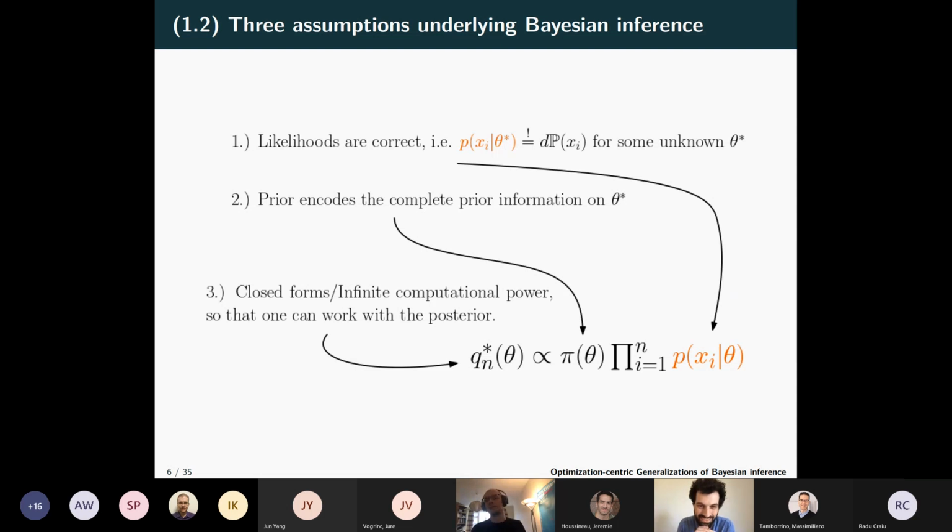Obviously, there are also people who would argue. I've simplified things here. Here I said there must exist a true theta star so that we recover the data generating process, which subjectivist Bayesians would even disagree with. I've just tried to simplify things. In essence, you always run into the same problem. But let's take your example of overparameterization, because I think it's an interesting one. Let's say we have multiple theta stars that actually work.